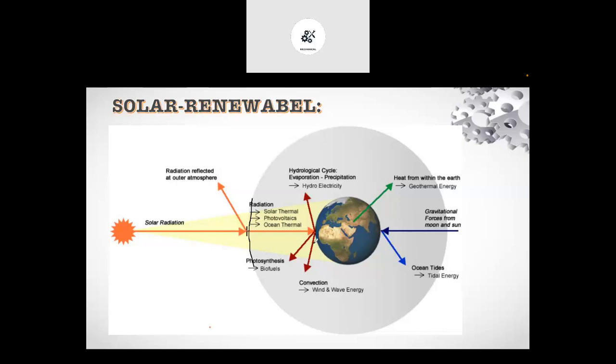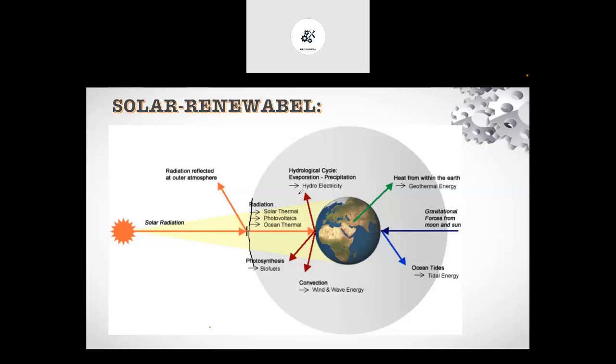Now this solar radiation which is hitting the earth also causes other phenomena on the earth. Okay, like the hydrological cycle: evaporation of water, that water becomes clouds, and after some time it is precipitated in the form of rain. That indirectly creates hydroelectricity, or we can say hydraulic power.